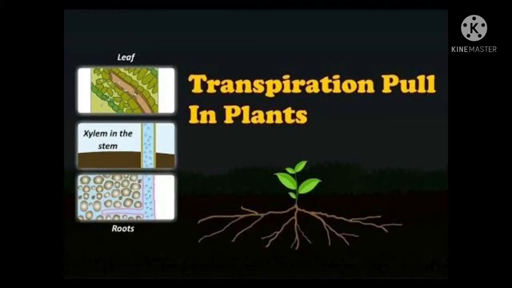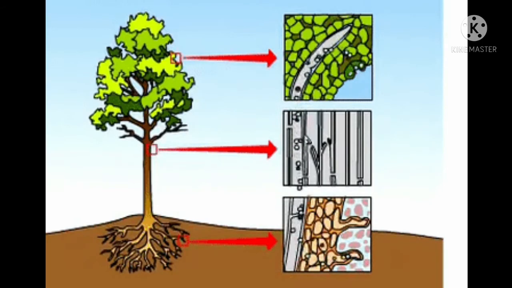So, the water is continuous from the xylem vessels to the walls of the mesophyll cells, from which it evaporates into the air spaces, causing the pull. The water column doesn't break due to its continuous molecular attraction. Now, we have a picture of the water conducting system of a tree.